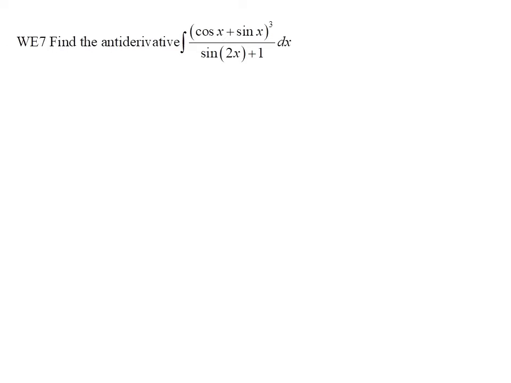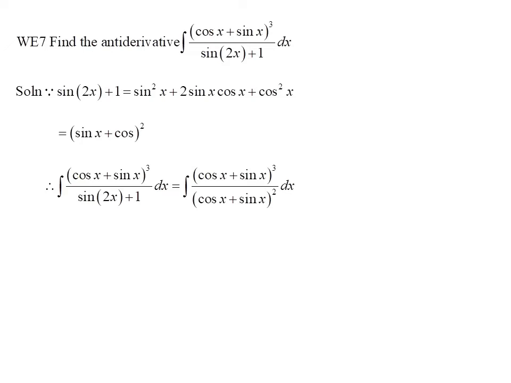Example 7 here is to find the antiderivative of the integral of (cos x plus sine x) cubed over the sum of sine 2x plus 1 dx. Since sine 2x plus 1 can be written as sine squared of x plus 2 sine x cos x plus cosine squared of x, which equals (sine x plus cos x) squared.